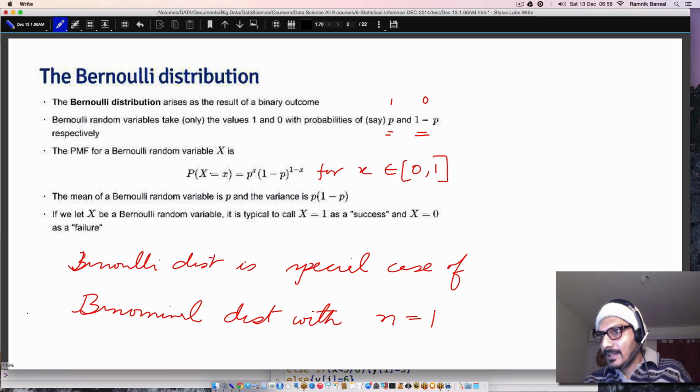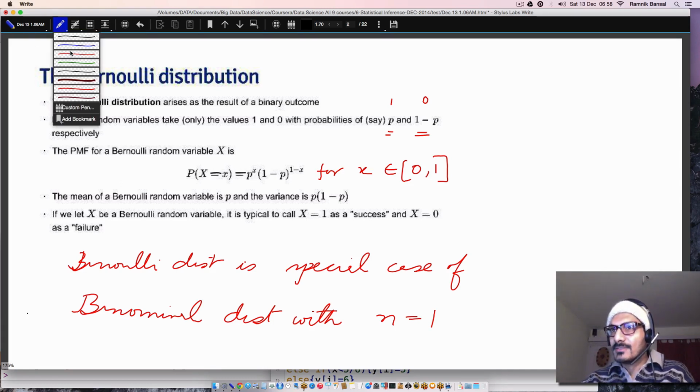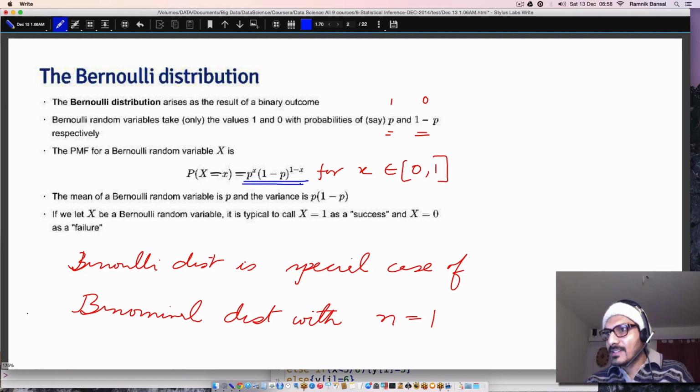We say the probability mass function for x belonging to 0 or 1. So effectively, if x is 1, then it becomes p raised to 1 into 1 minus p raised to 0, which is effectively p.